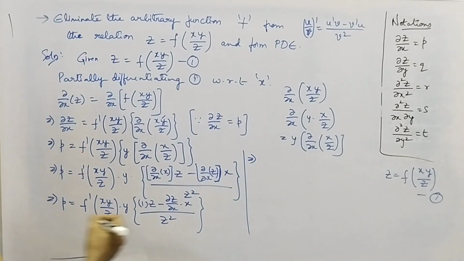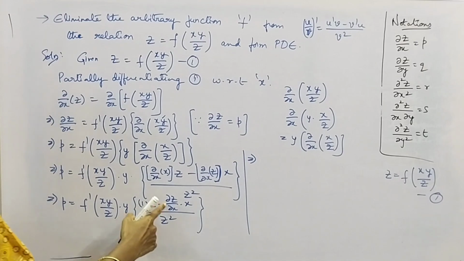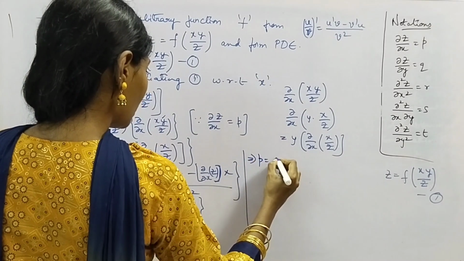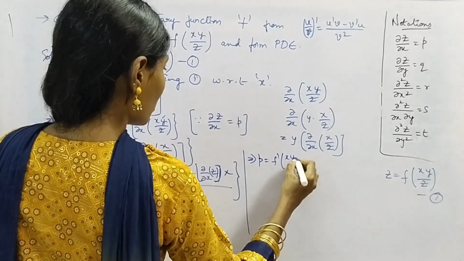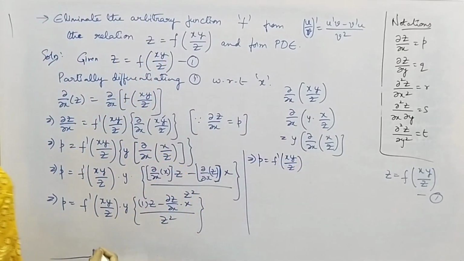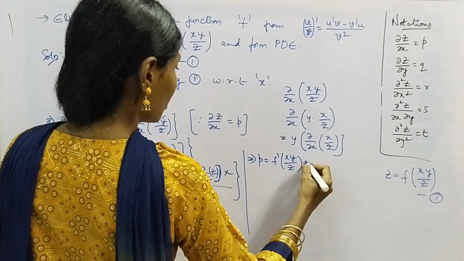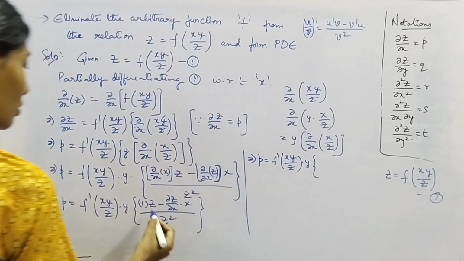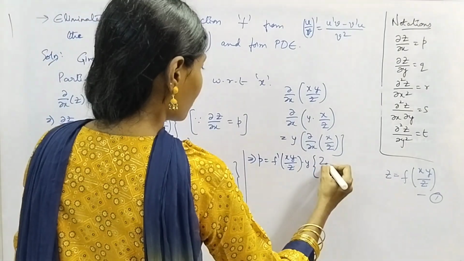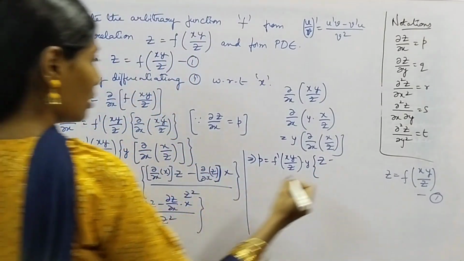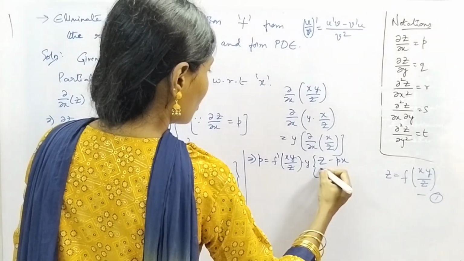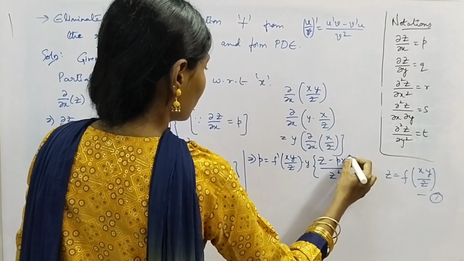Now we can replace dou z by dou x by p, since we have the notation p equal to dou z by dou x. Now this becomes p equal to f dash of xy by z into y into 1 into z minus px by z square.